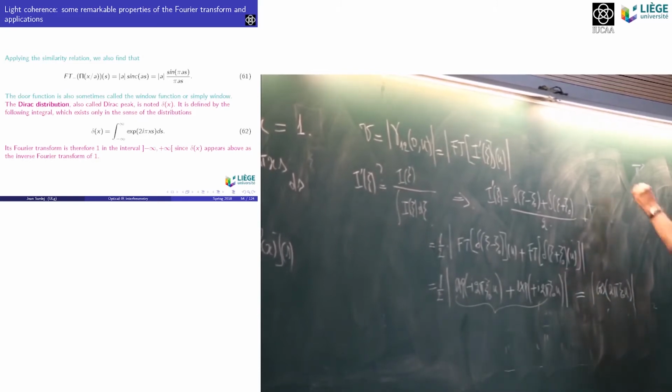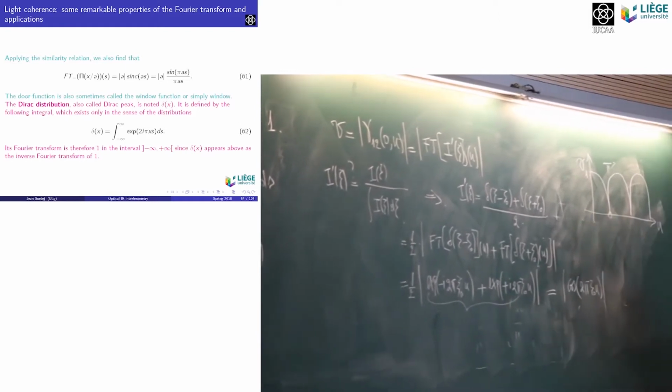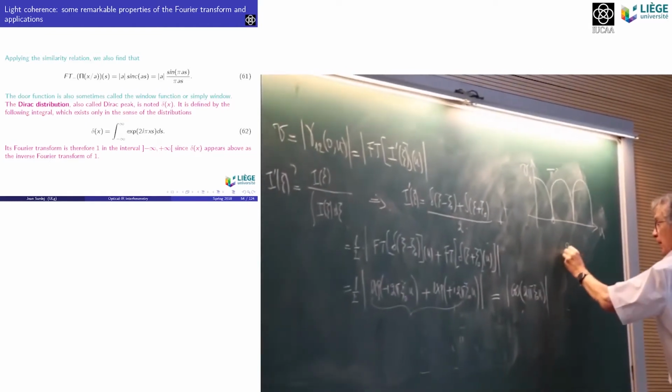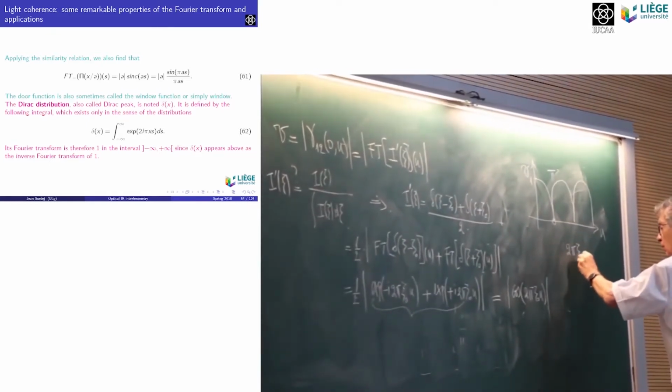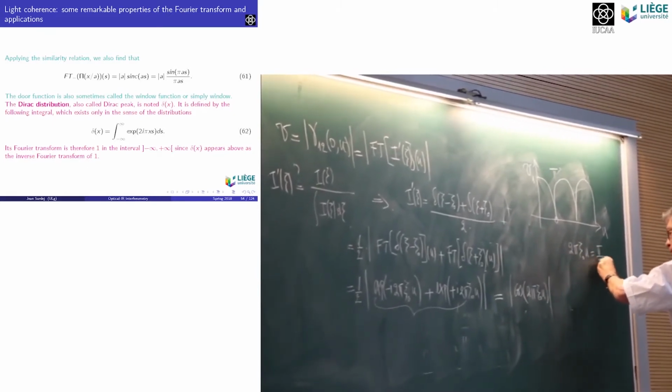Okay, now if I represent the visibility as a function of the frequency u, it will be a cosine, so the maximum will be 1 visibility, then it goes to 0, comes to 0, and again and again. And now, if I would like to know for which value of u I have a 0, I'll just say, this is when 2π ζ0 u will be equal to π divided by 2.